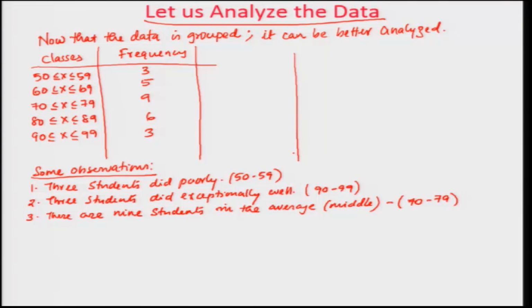These are not very easy to draw with straight lines, but let us call this axis the scores. I have 1, 2, 3, 4 and 5, and these are 50, 59, 60, 69, 70, 79, 80, 89, 90, 99.